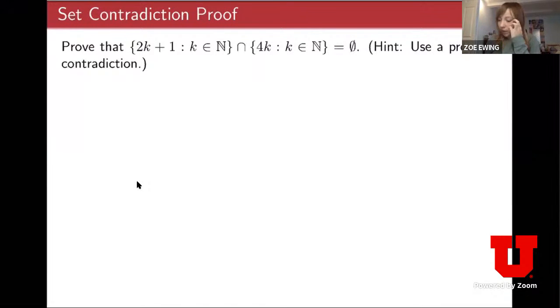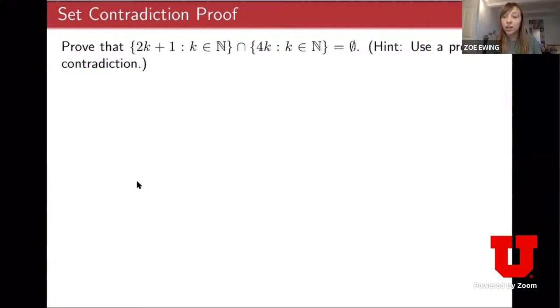So the first thing that we need to figure out is what a contradiction would be in this case. So does anyone want to say what they used for their contradiction? I said assume there's a situation where 2k plus 1 equals 4m. Okay, that is correct.